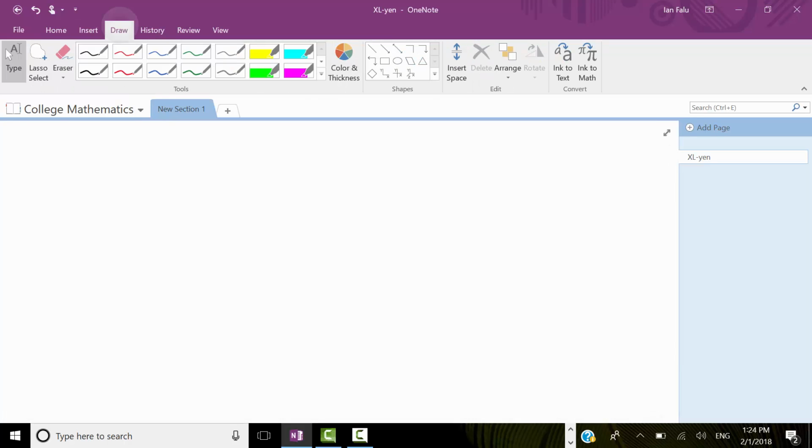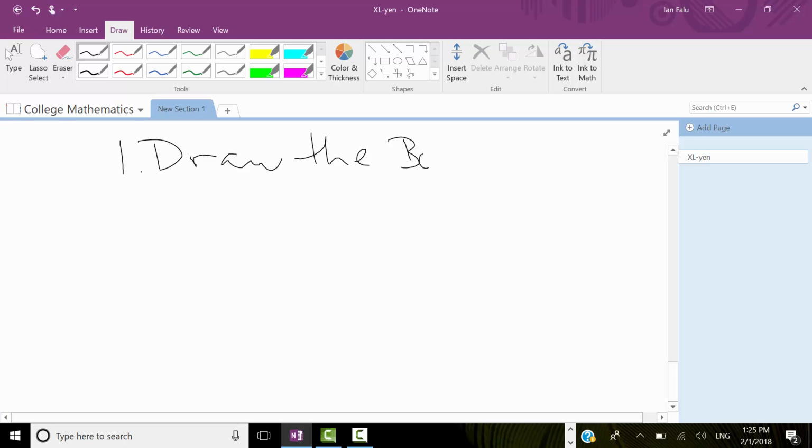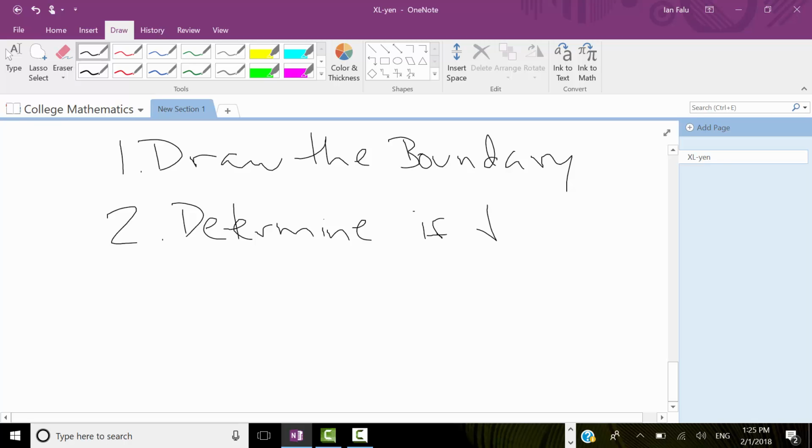Then you have to determine if the line is solid or not.